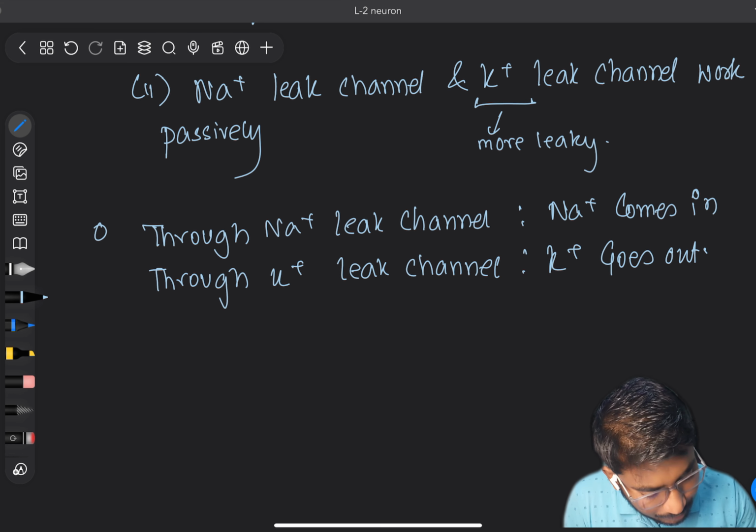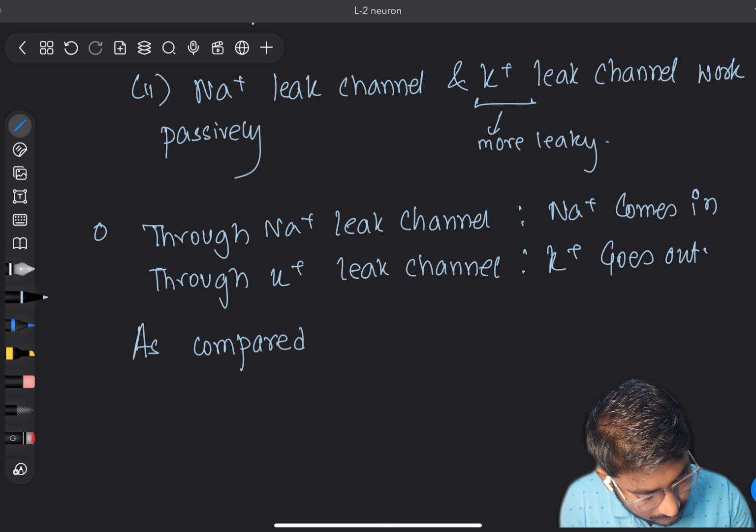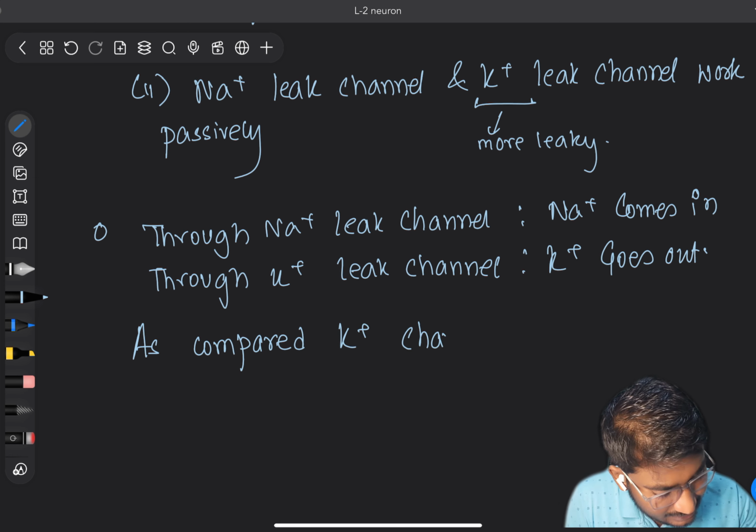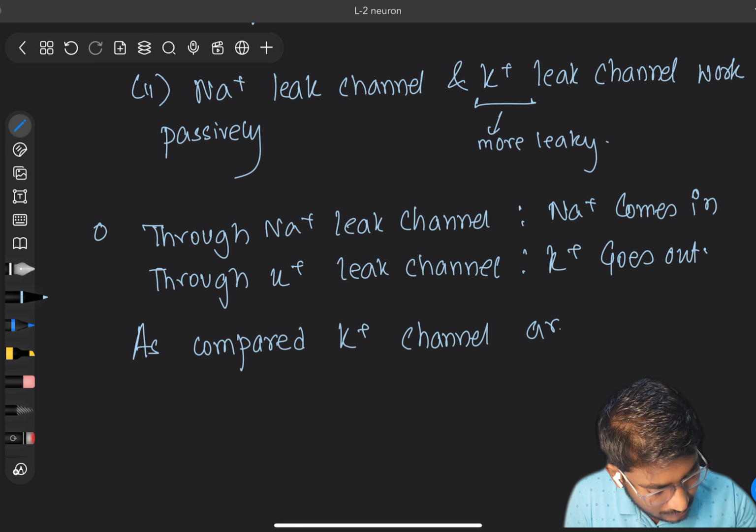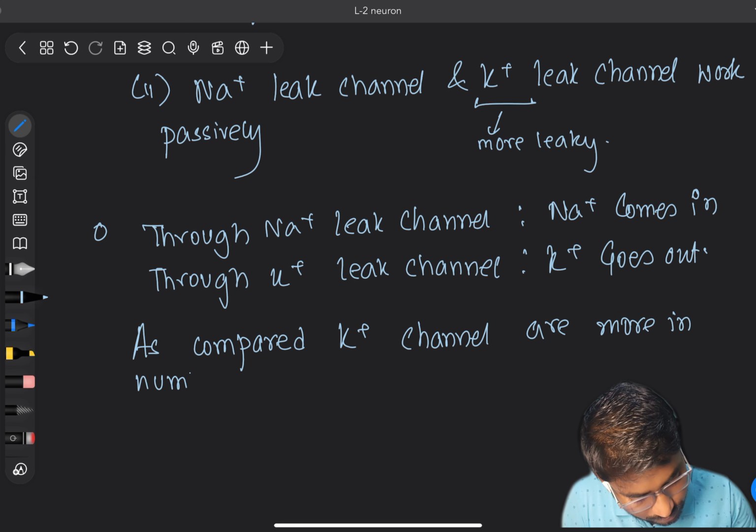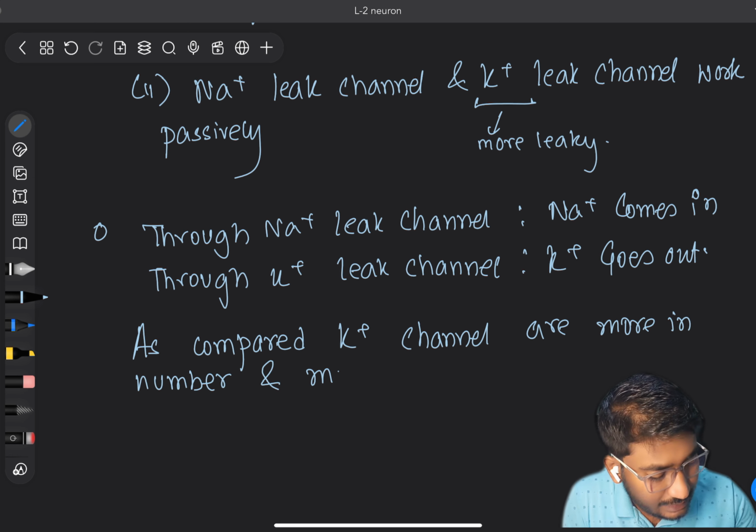Okay. As compared, potassium channels are more in number and more leaky.